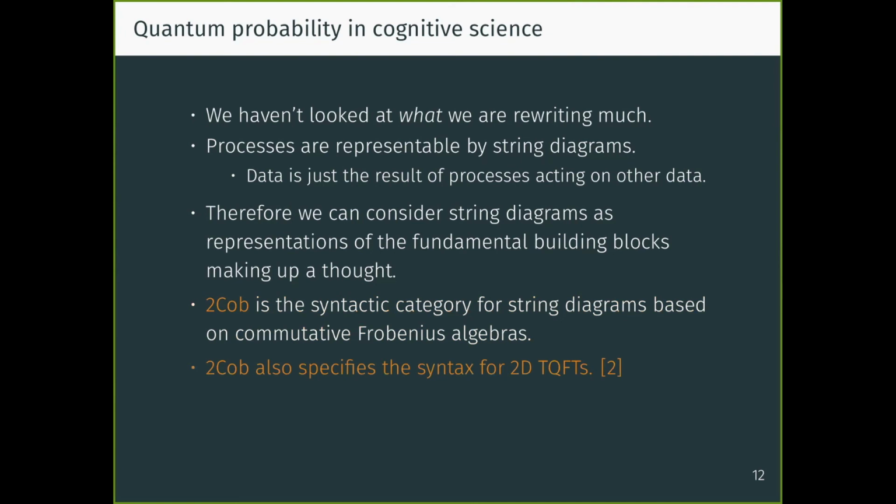What makes this interesting in our case? Well, 2-cob also happens to be the syntactic category for two-dimensional topological quantum field theories. This suggests that the quantum-y aspects of cognition are merely a mathematical coincidence. It is the Frobenius algebras underlying string diagrams which are relevant, and not anything inherently to do with quantum mechanics.